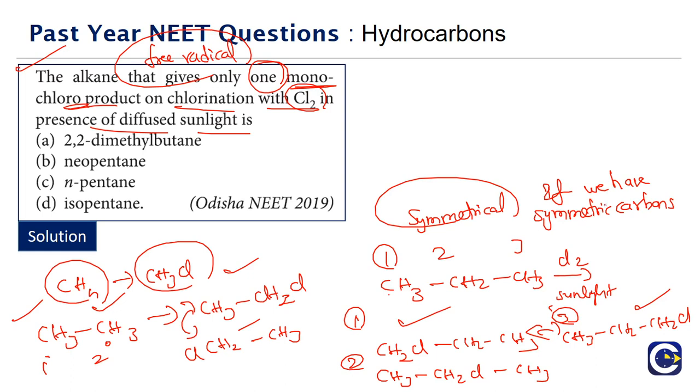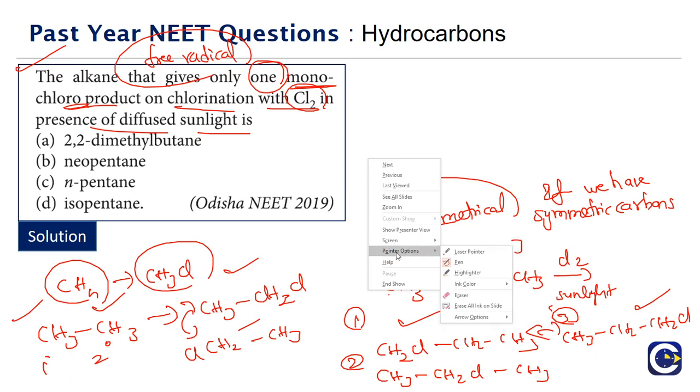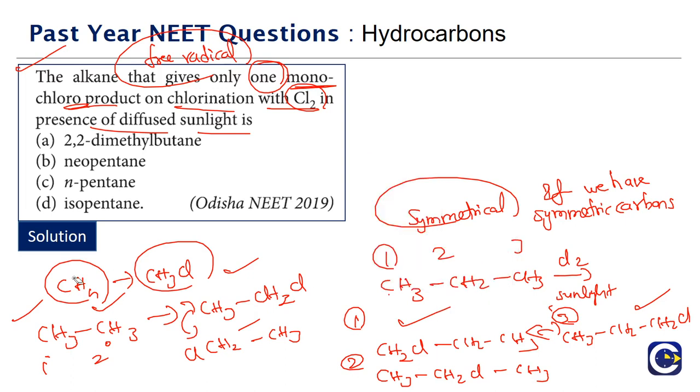In some cases, we may have more than 2 symmetrical or identical carbons also. So these places are called the symmetrical or the identical places. Now the thing is, we have to go through these given substances and find out which of them is going to be giving us just one monochlorination product. So if you got the idea, then we will go to the question.